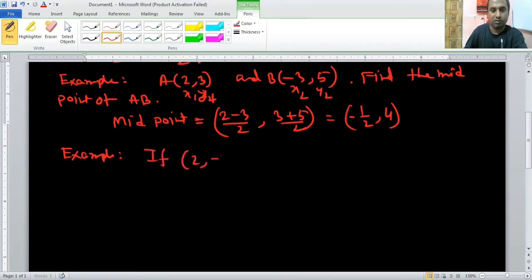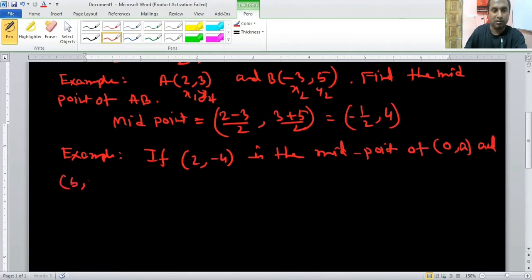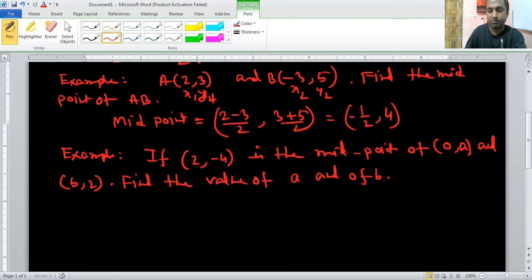If (2, minus 4) is the midpoint of (0, A) and (B, 2), find the value of A and of B. Okay, so how can I solve it? Now the midpoint of these two points, I mean the midpoint of these two points, this point and that point.